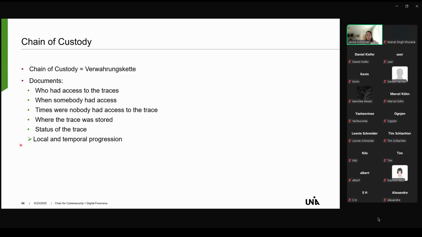So in general, the chain of custody documents who had access, when somebody had access, times when nobody had access, where is the trace or the evidence, what status is it in, and it's a local and temporal progression documentation.